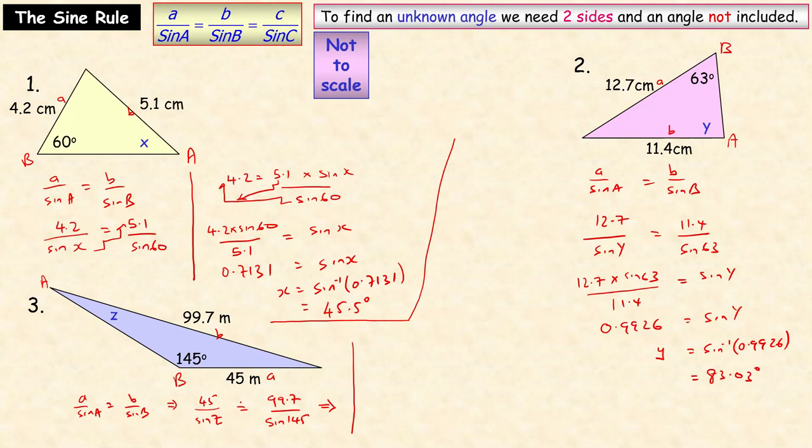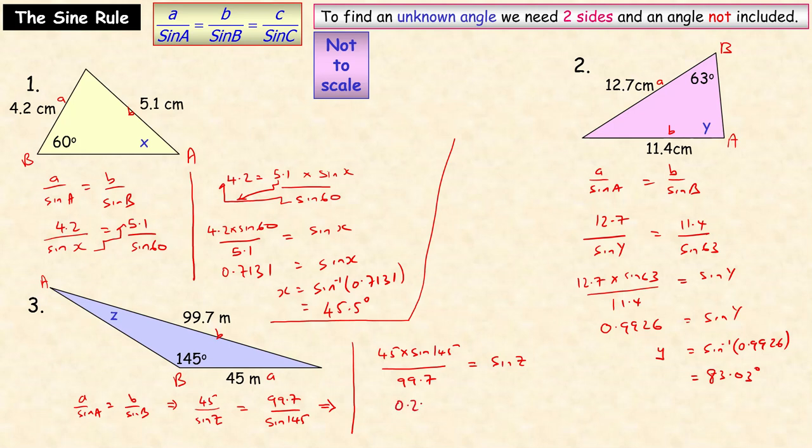Sine of 145 comes up next to 45, so it'll be 45 times sine of 145 divided by 99.7, which goes down under, and that's going to be equal to sine of Z. So on my calculator, I'm going to put 45 sine 145, close the brackets, then I can hit the fraction button, and underneath I'm going to divide by 99.7. That gives me 0.2589.